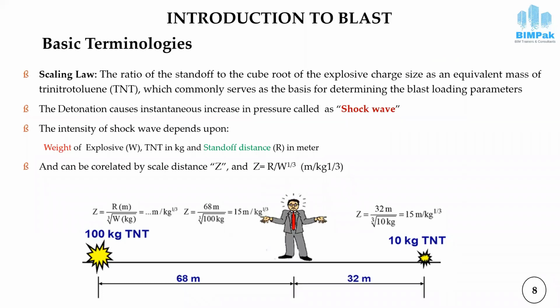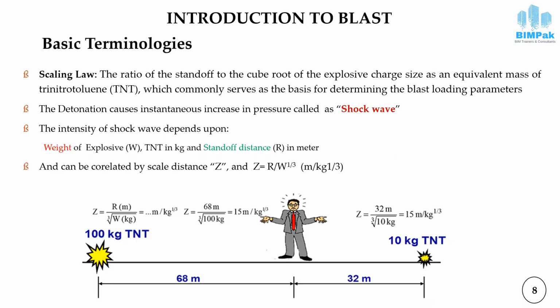So a very important factor is the scaling law, which is the ratio of standoff to the cube root of the explosive charge size as an equivalent mass of trinitrotoluene (TNT), which is commonly served as the basis for determining the blast load parameter. We will explain it again later.